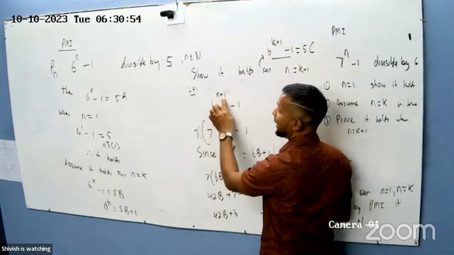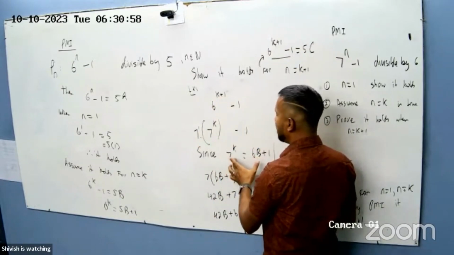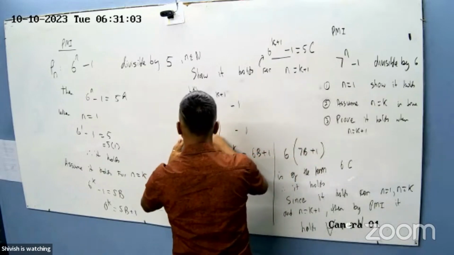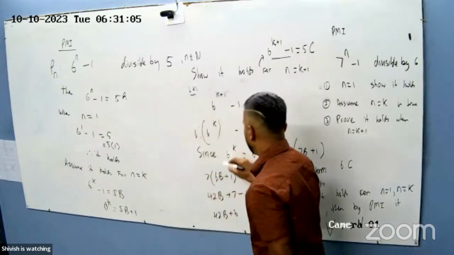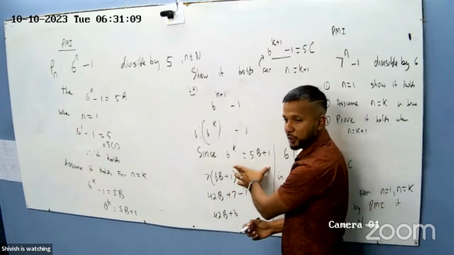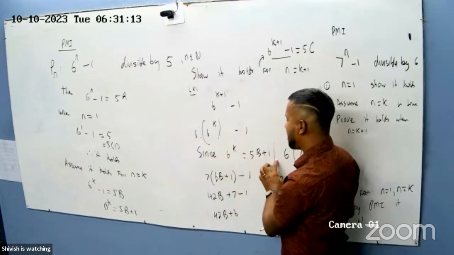Addition of powers here means multiplication. I know it's a little bit lazy, but it's just to show you how easy it is. We just put in your numbers. 6 to the k is 5b plus 1.